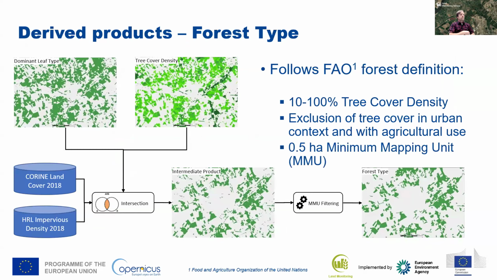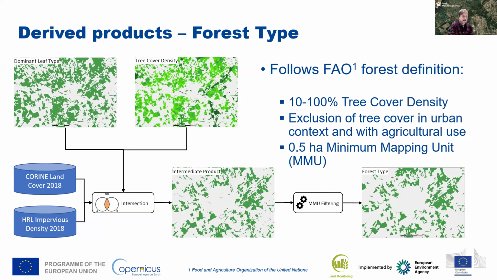Once these primary products are available, some derived products can also be produced, and one would be the forest type, the only product that actually follows a forest definition. Here we follow the FAO definition for forest, which considers forests as lands of more than 0.5 hectares with a tree canopy cover of more than 10%, and those areas should not be primarily under agricultural or urban land use.